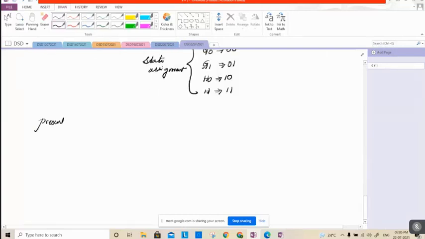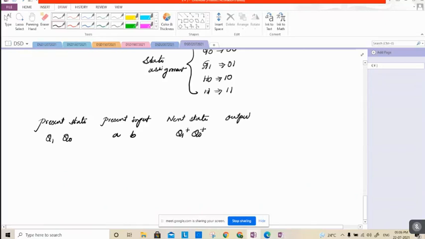Let us represent the present state with Q1, Q0. Next, present input is to be written, which is AB. Then the next state, which is Q1 plus and Q0 plus.